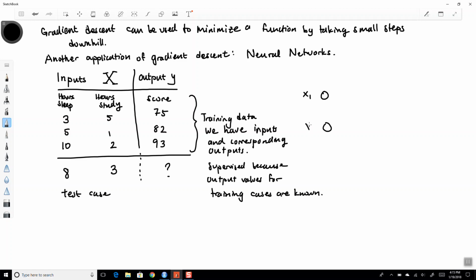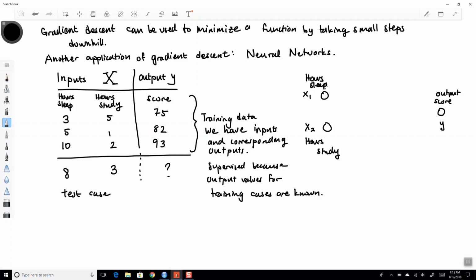We have three cases, but in each case there is an x1, which will be hours of sleep, and x2 will be hours of study. Then the output y is our score.